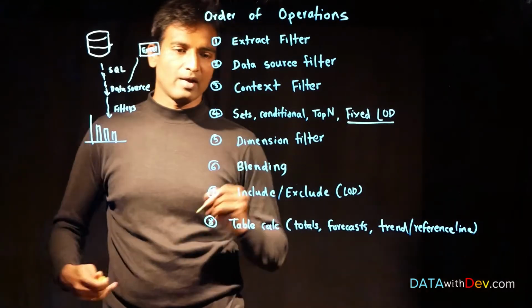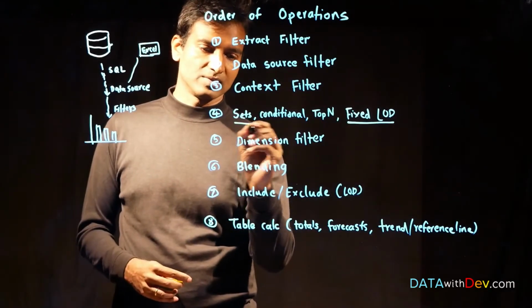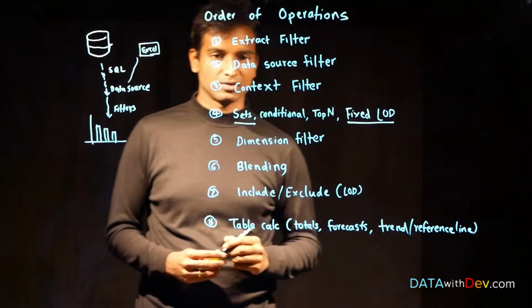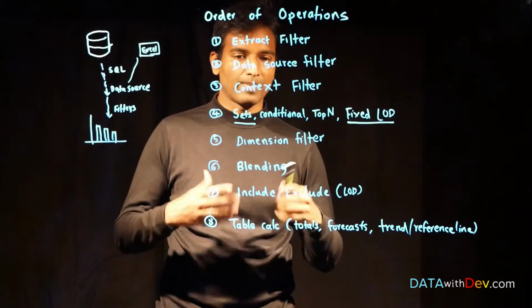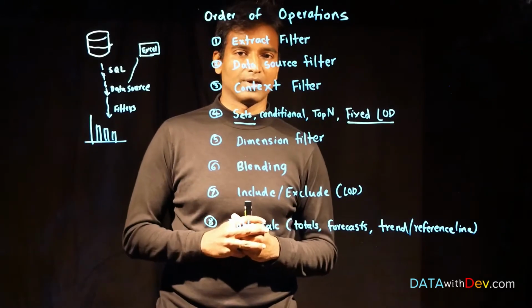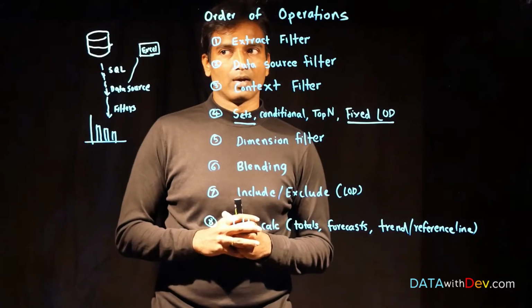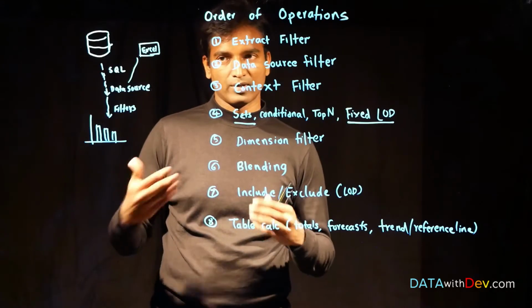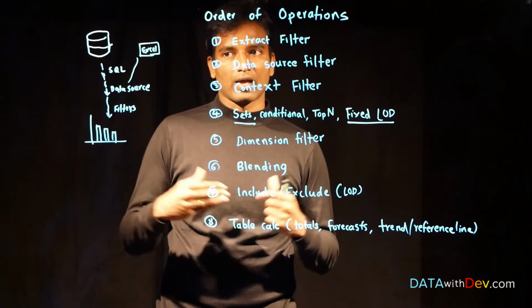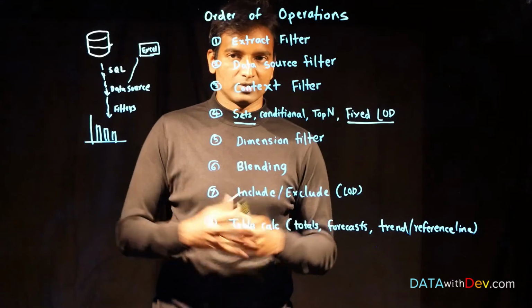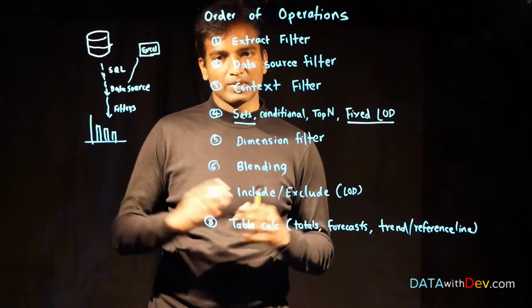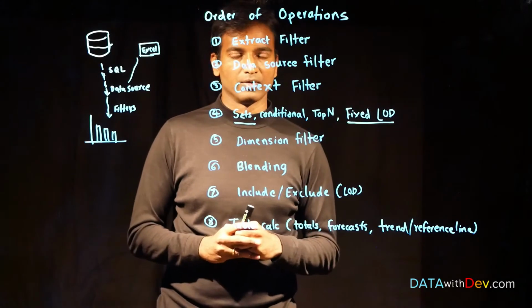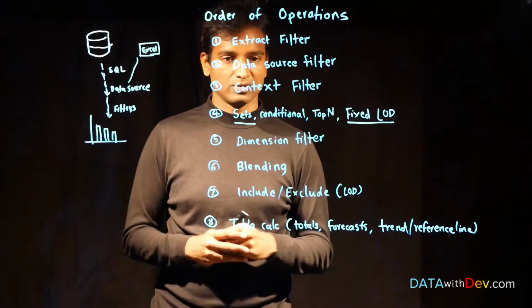Sets can be very handy. Tableau actually creates some internal data structures for sets, and they can be really good in comparison. For example, let's say you want to compare the data for one region versus another, and you define 10 states on the eastern coast as your eastern region, and maybe 10 more states on the west coast as your western region.